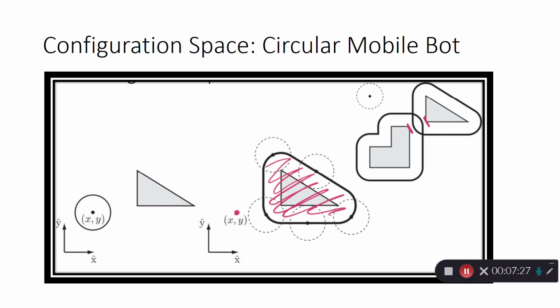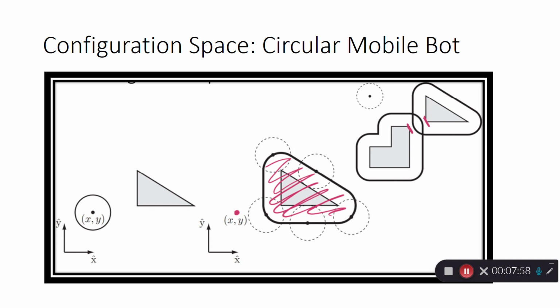After that, let's take an example of a circular mobile robot. As you can see, there is a circle and there is a configuration x and y. We have to go from the lower bottom left of the right-hand triangle towards the right-hand point, then go up along the hypotenuse and towards the left of the top. In the second diagram you can see a pink line and a broad black line.